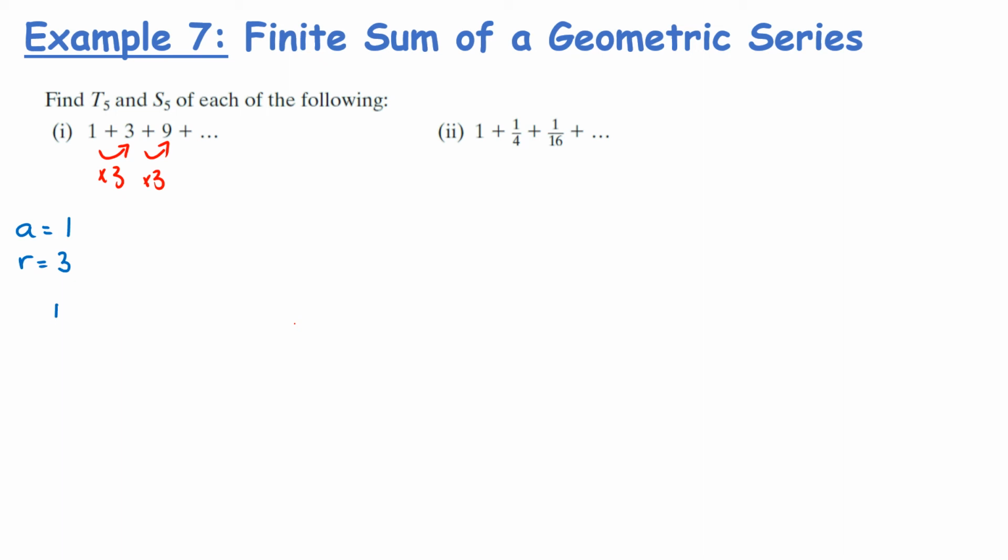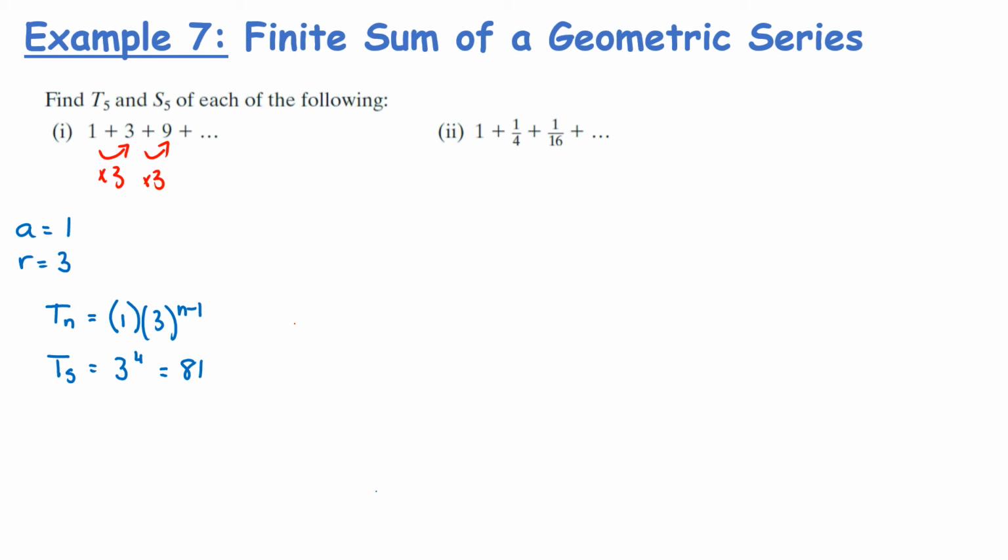I then am going to get Tn using the general term. So that is a r to the power of n minus 1. I'm then going to use that formula to get T5. So that is just 3 to the power of 5 minus 1, which is 3 to the power of 4, and that is 81.